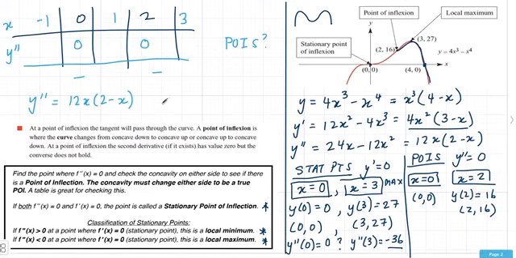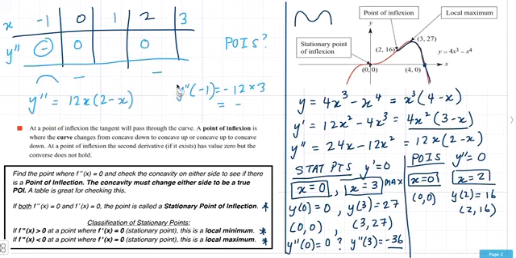So at -1, putting -1 in here, you're going to have -12 and 2 minus -1, which is 3. So it's going to be a negative value. It's -36. Negative means the concavity goes like that, concave down.